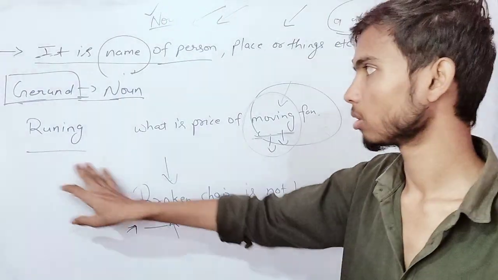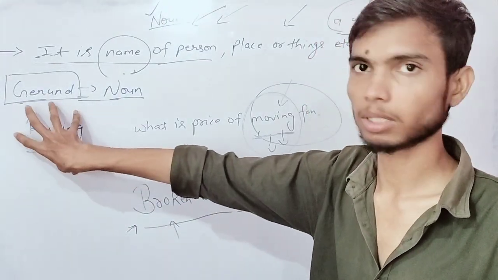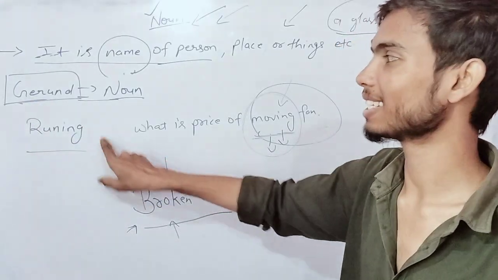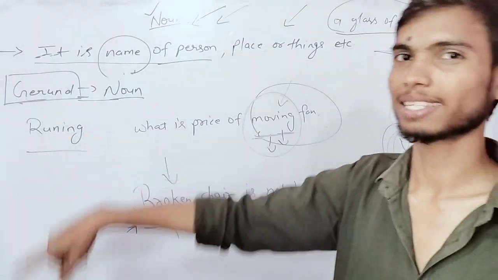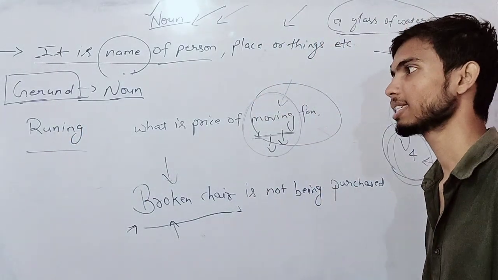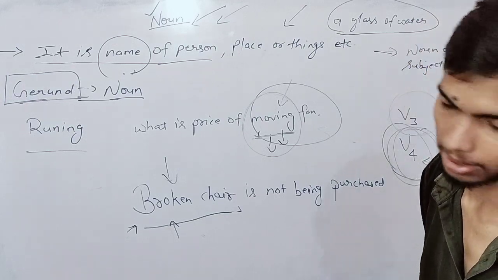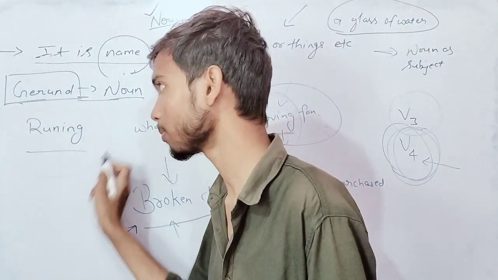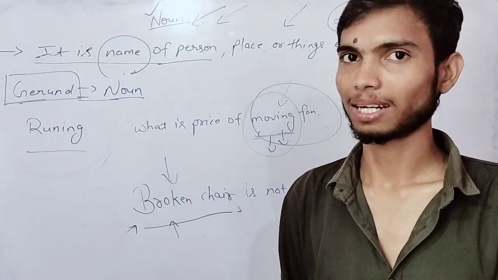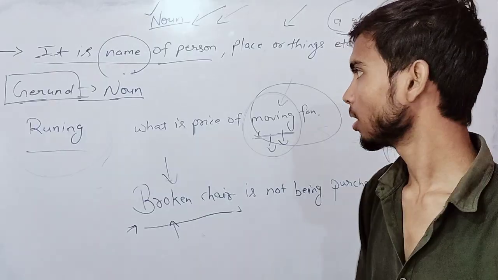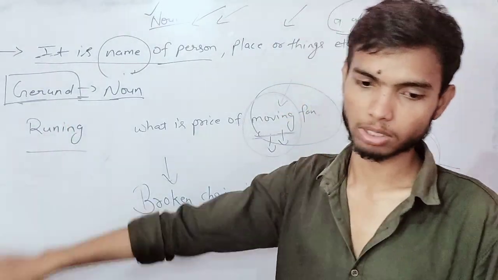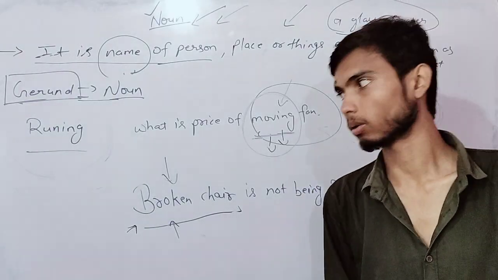If this is coming before a noun or pronoun, then we can easily say that it is performing as an adjective, because it is coming before a noun. That's why we can say earning is an adjective. But if it is performing alone, then we would say it is a gerund noun, and we are using it as a noun. Okay.